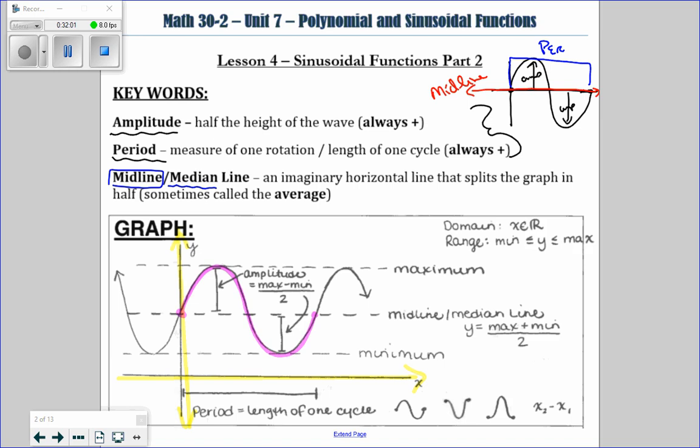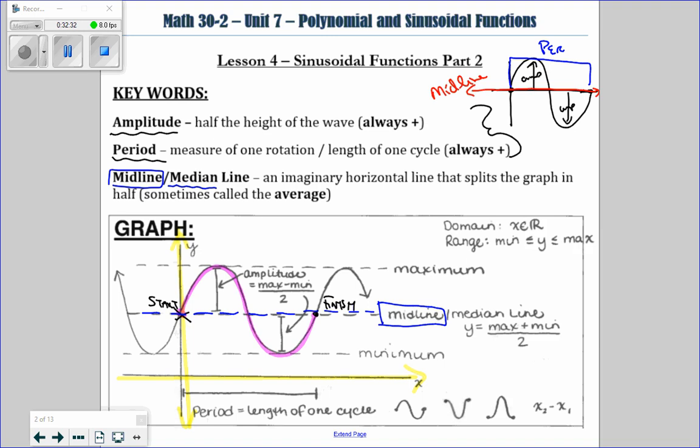So sine just so happens to always start on the midline. Always, always, always. So wherever the wave starts and wherever the wave finishes, that will always be the midline.